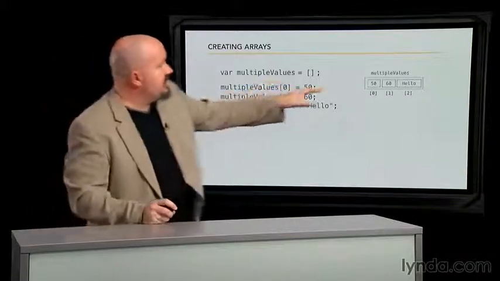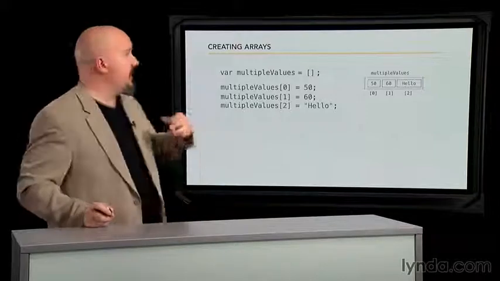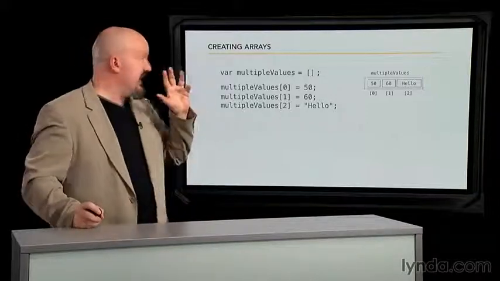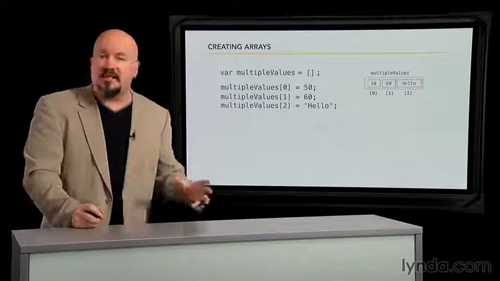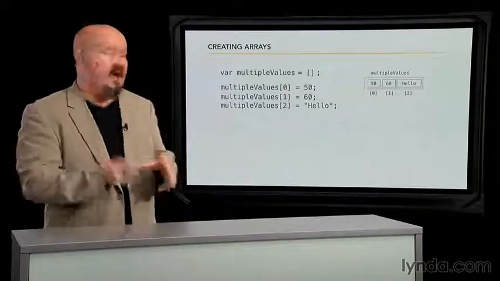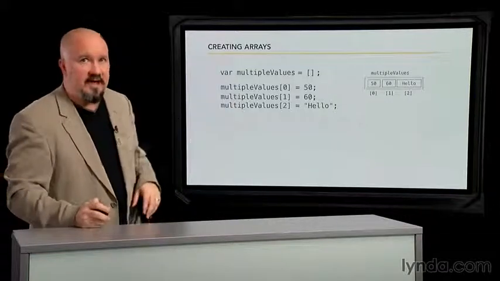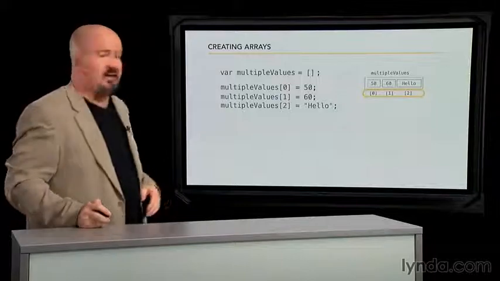And notice that in this array I can put in a number, a string, I could also put in a boolean, I can actually put anything in there. It doesn't matter what kind of data you're putting in at the different slots in the array, but all of them are accessed using that index. And that's whether you're setting these values or getting these values.